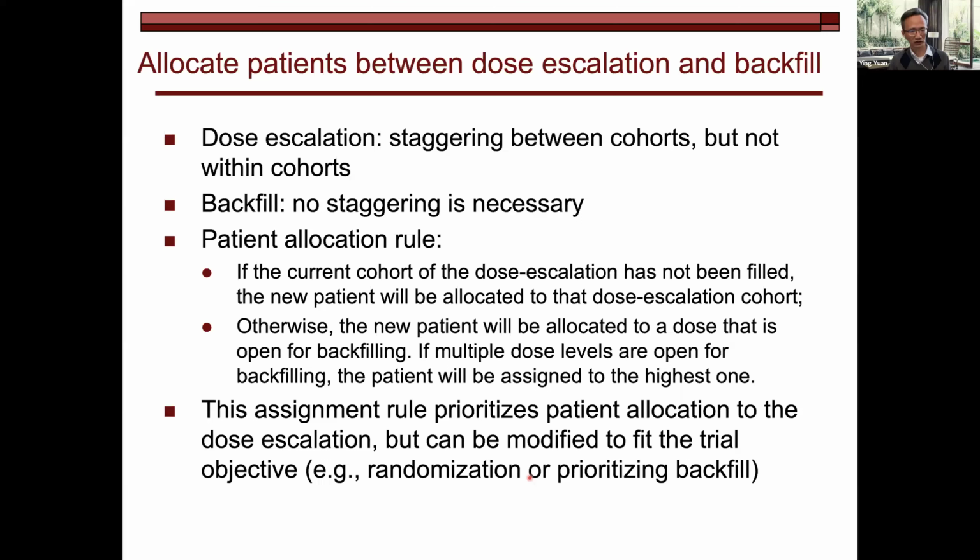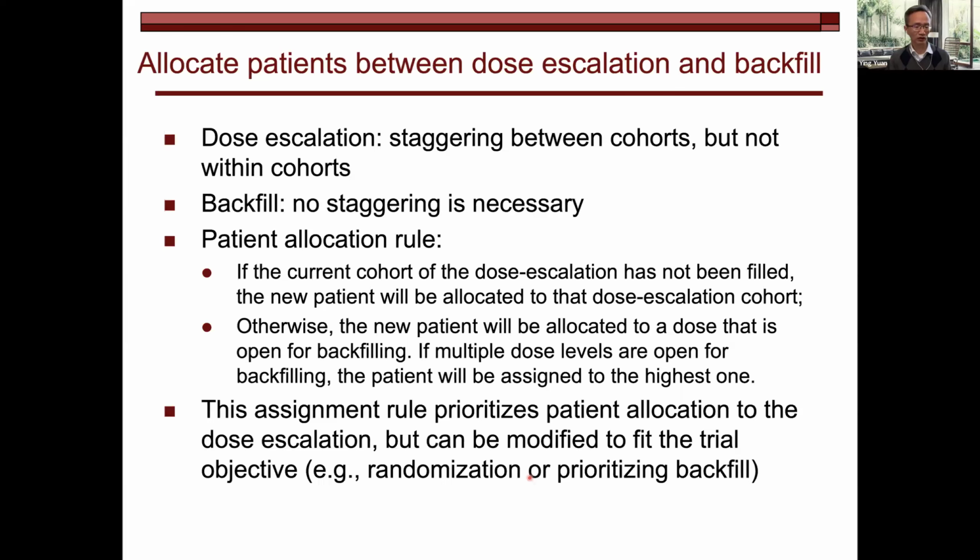So to maximize the information in a fixed period of time, it makes sense to prioritize dose escalation. If one patient arrives and for dose escalation we're still waiting for the current cohort to finish DLT assessment, we don't have to turn that patient away. We can immediately put that patient in a backfill dose. This will maximize our patient enrollment and data collection.